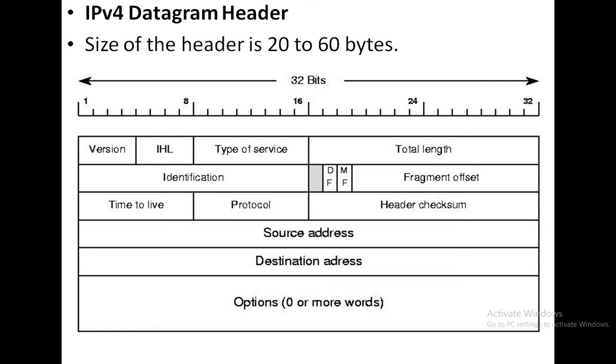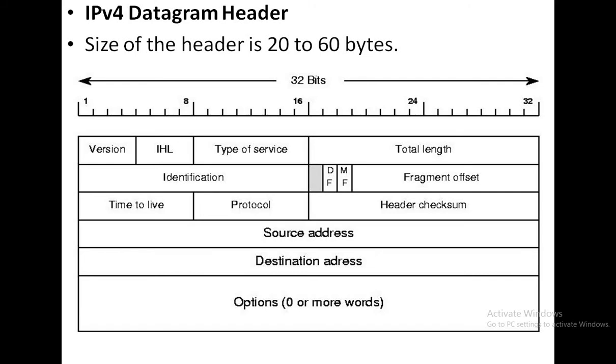Here, to find the length of the data, we subtract the header length from the total length. How to find the data length? It comes from subtracting the header length from the total length.